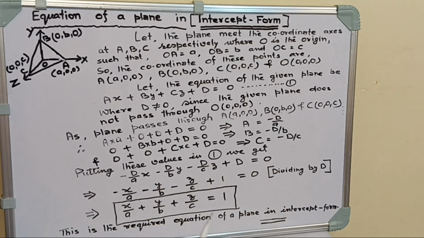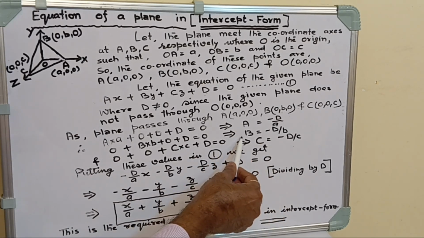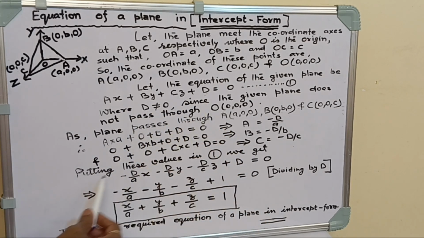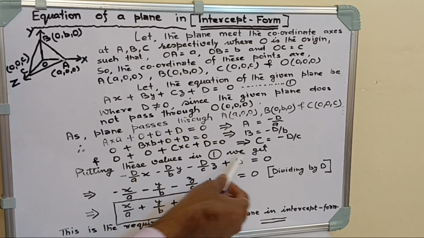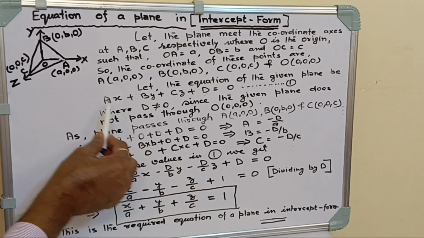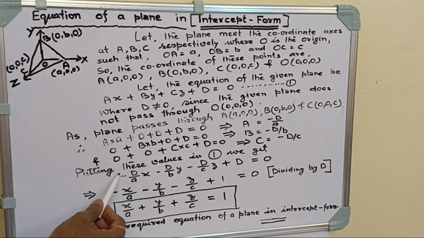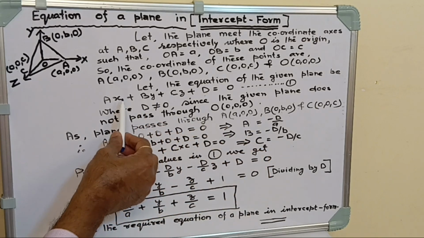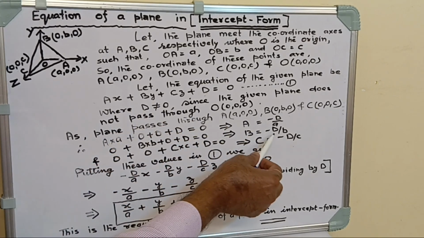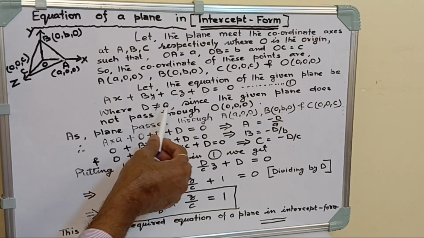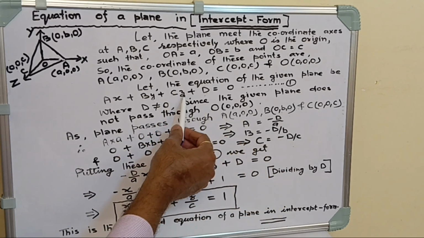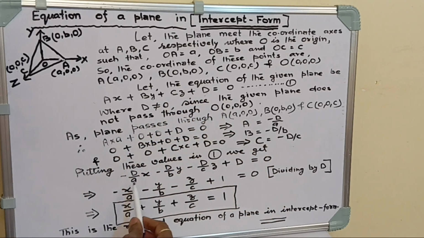Putting value of a, b, and c in equation 1, we get minus d by a into x plus minus d by b into y plus minus d by c into z plus d is equal to 0.